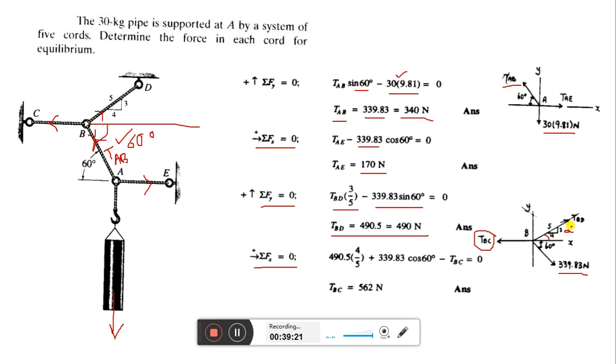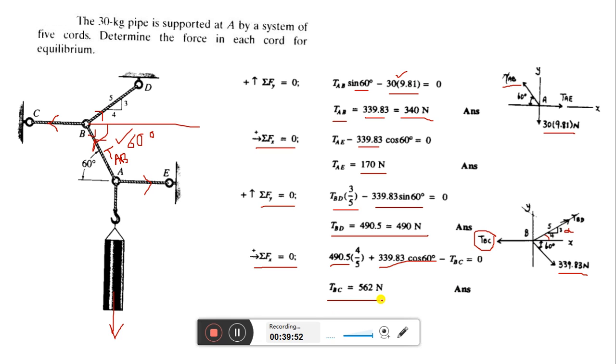One force in the positive direction is TBD into cos alpha. Cos alpha means 4 by 5. So you have calculated the value of TBD into cos alpha, you write, plus 339.83 into cos 60 degrees. In the negative side we have TBC. So from that you can calculate TBC, that is 562 Newton.